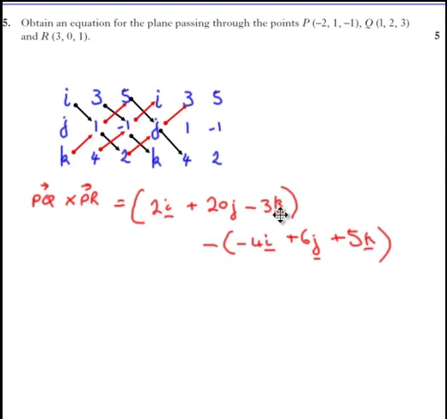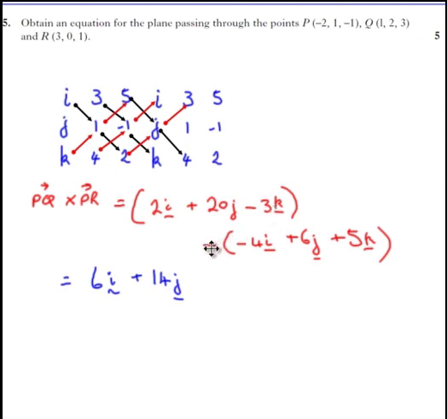I'm going to now take the brackets away from the first and the second to simplify. We have to be careful taking the brackets away. In the second case there's a minus outside, so we have to apply that minus sign to each of the terms inside. 2i minus minus 4i is going to give us a plus 4i, so that's 6i. 20j minus plus 6j will give us 14j.